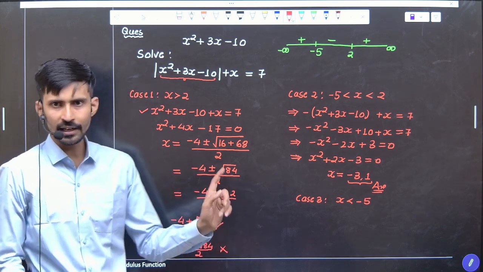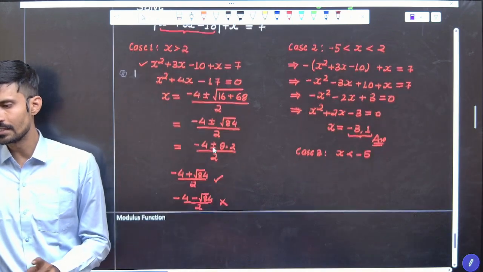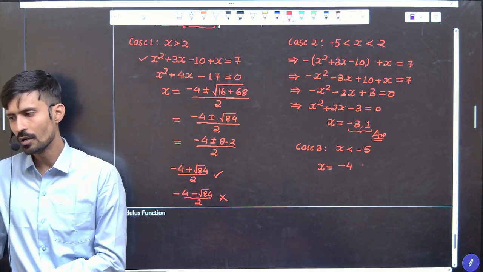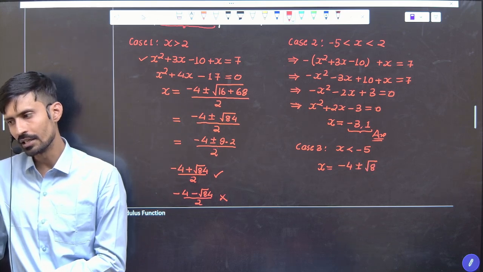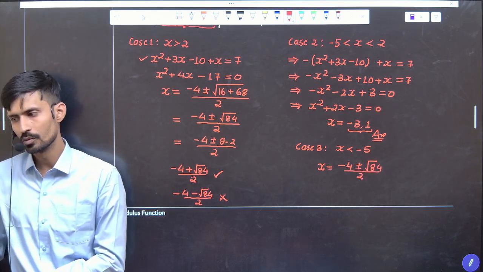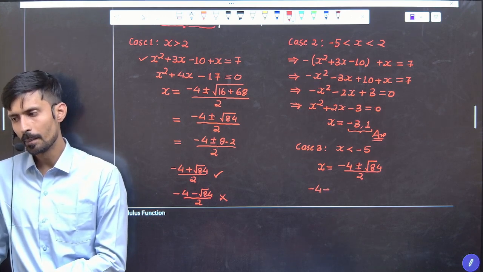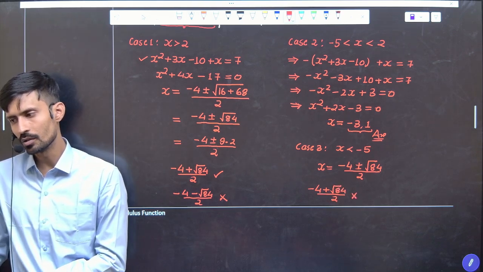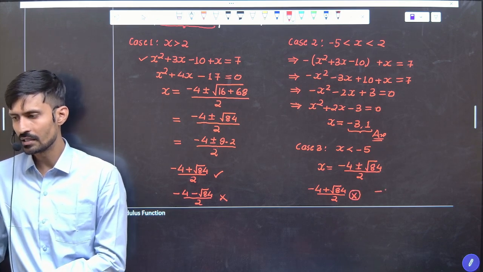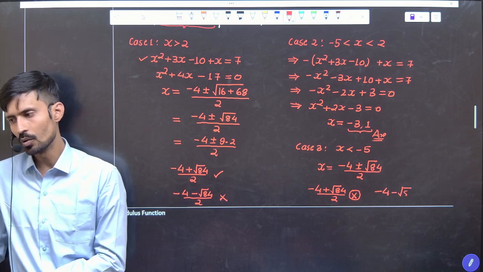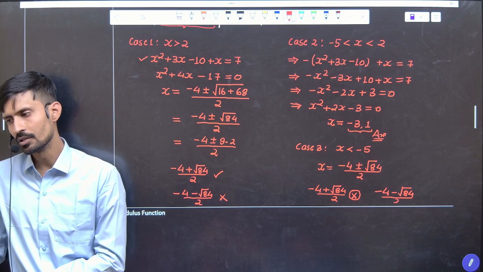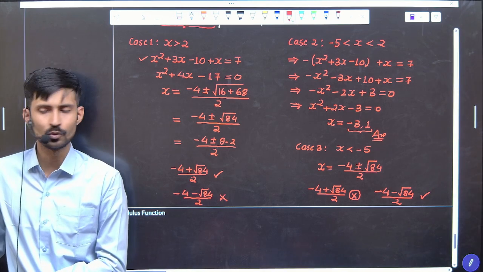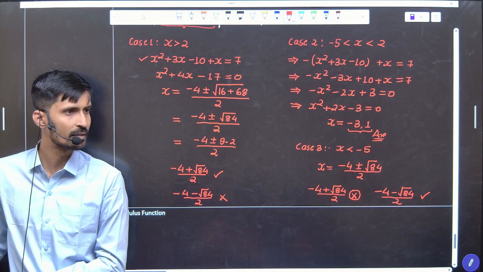So here I am going to write the direct answer for that. And that answer is x is equals to -4 plus minus root under 84 by 2. So -4 plus root 84 by 2, this root, next -4 minus root 84 by 2, that will be satisfied because this is minus 5.25 and minus 5.25 is less than -5.